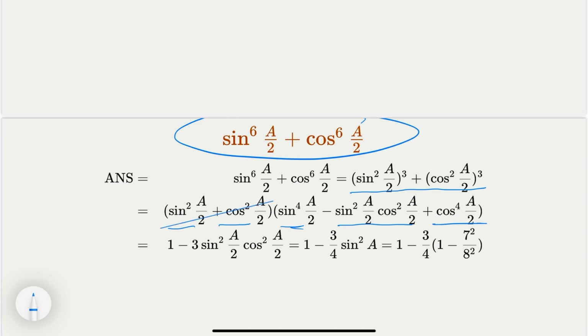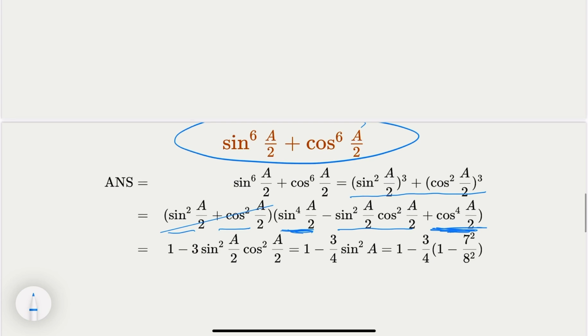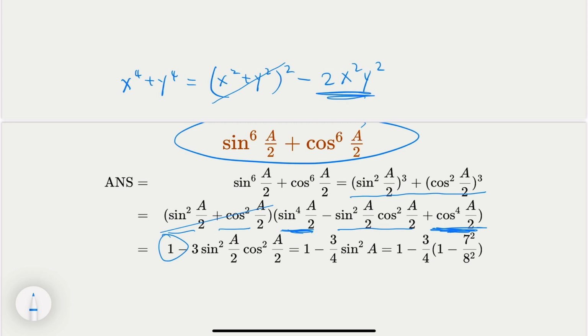And here, what you have is a 4th power, so we use the fact that x to the 4th plus y to the 4th equals (x squared plus y squared) squared minus 2x squared y squared. Again, the sum of squares equals 1, so this is going to be 1, minus 2 of that, and minus 1, so total minus 3 times the squared product. So what you get is here.